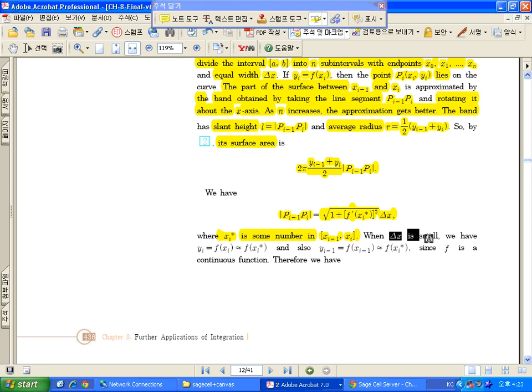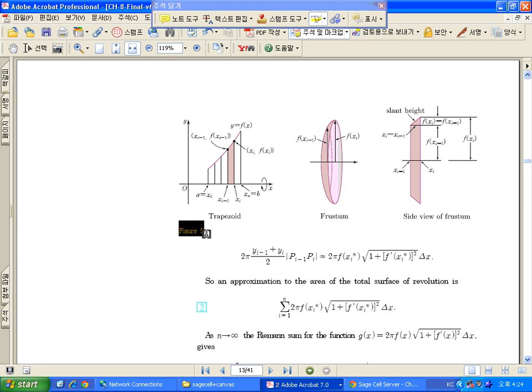And then when delta x is small, we have y_i as f of x_i star, where x_i star is the number in the subinterval, and y_{i-1} can also be approximated by f of x_i star. And at the end, since f is a continuous function, we have this form, figure 5, like this.